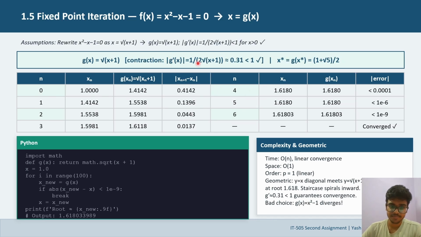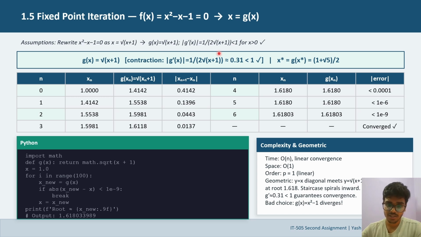Fixed point iteration. Assumptions. Here we rewrite x squared minus x minus 1 equals 0 as x equals g of x. I choose g of x equals square root of x plus 1. The contraction condition: g prime of x equals 1 divided by 2 times square root of x plus 1, at x equals 1.6. This is about 0.31, which is less than 1, so the iteration converges.